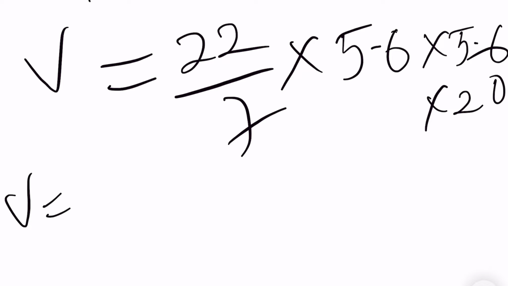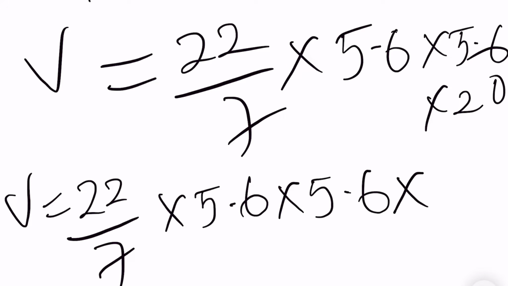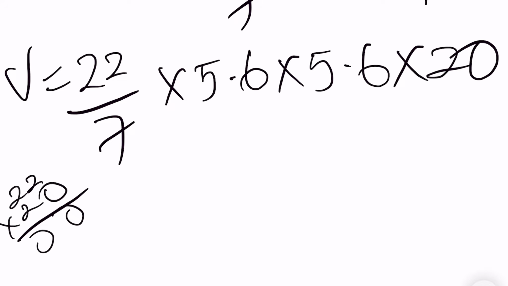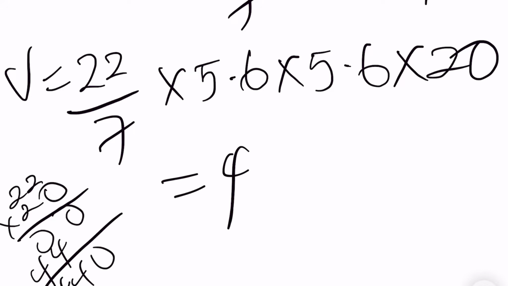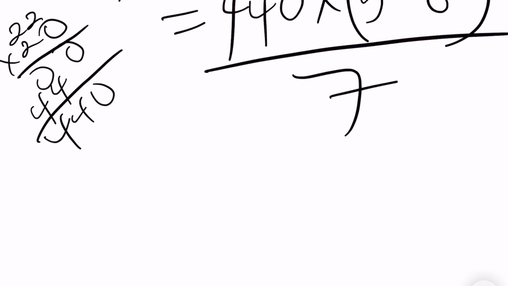So we have V to be 22/7 times 5.6 times 5.6 times 20. Well, we have 22 times 20, so we have 440 times 5.6 squared over 7.